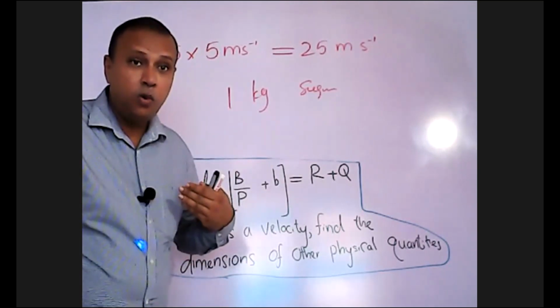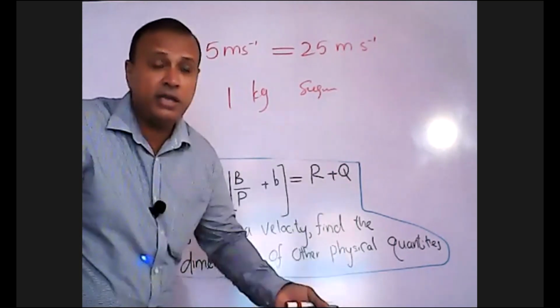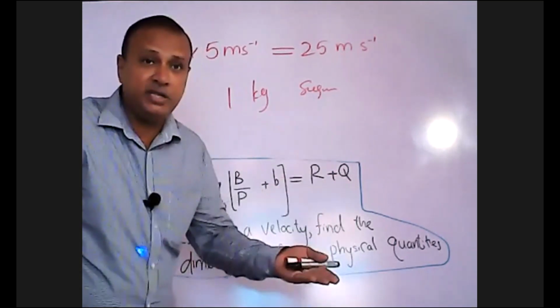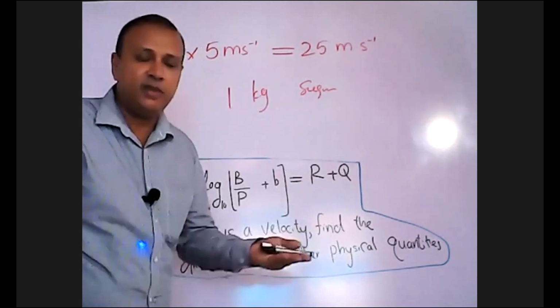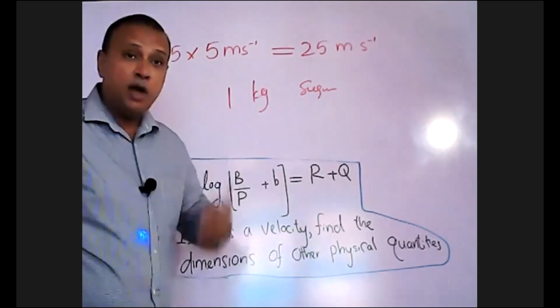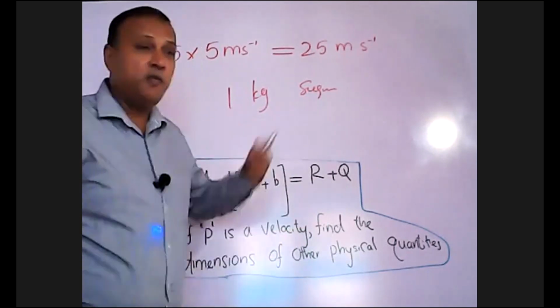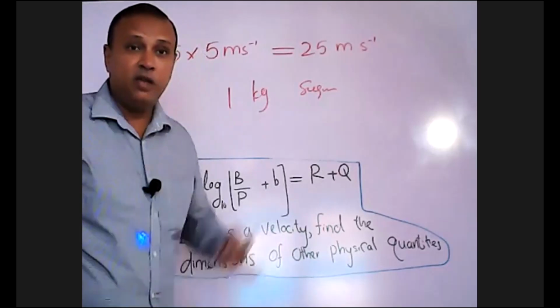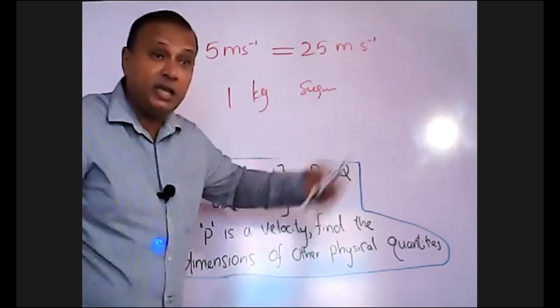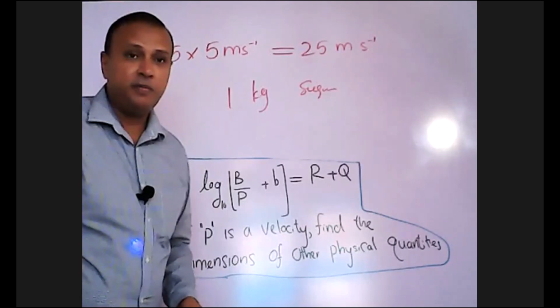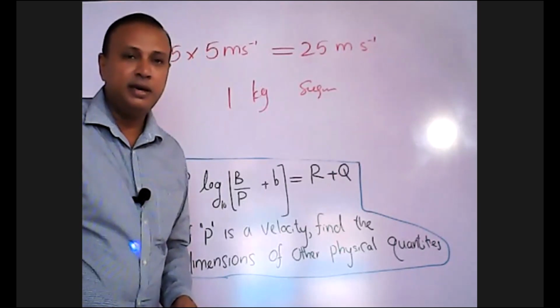Now it has become 5 kg. So how to find that? You have to multiply 5 by 1 kg, and you will have 5 kg sugar, no?